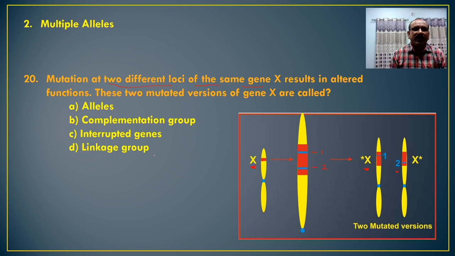But they are not linkage groups, because linkage groups means the total number of genes present on a chromosome. Then they are not interrupted genes, because in interrupted genes there are exons and introns, but such a condition is not there. Even these are not complementation groups, as they are not responsible for any type of complementation. Hence we can consider that these two mutated loci are responsible for two different types of changed genes, that is an alternating form of the gene, and that is known as alleles.